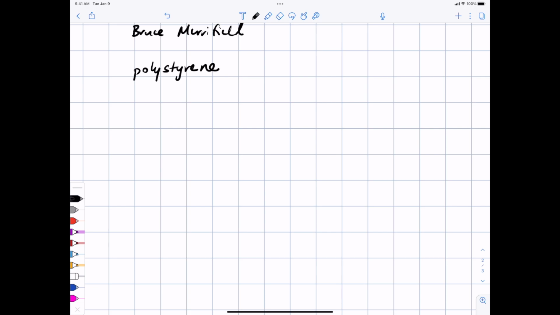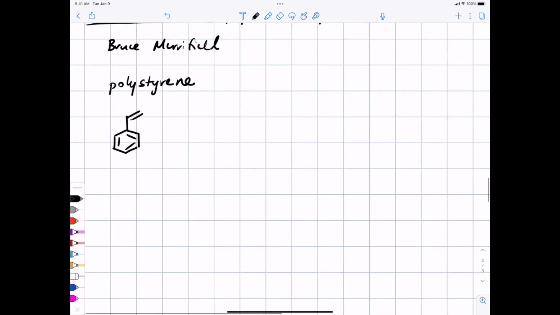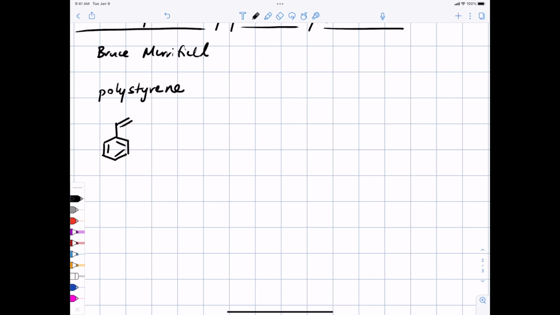Styrene is just a benzene ring with an adjacent alkene. Polystyrene you get from radical polymerization of styrene, and it's alternating two carbons. Every other carbon has a benzene ring attached to it. You get the idea.